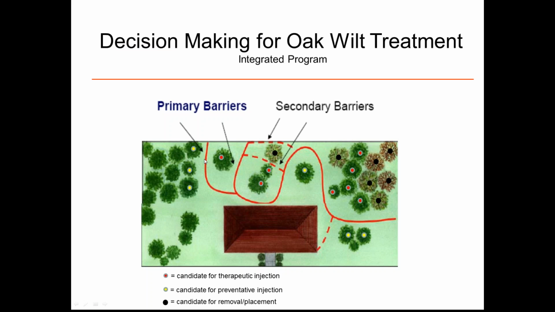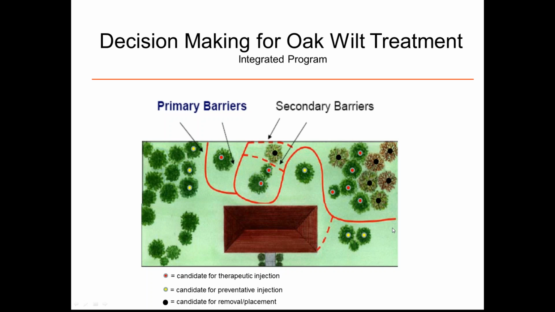In this hypothetical case, I would recommend removing these trees right here. I would recommend giving therapeutic injections to these trees right here, and then giving preventative treatments to the trees along the outside of the trench.